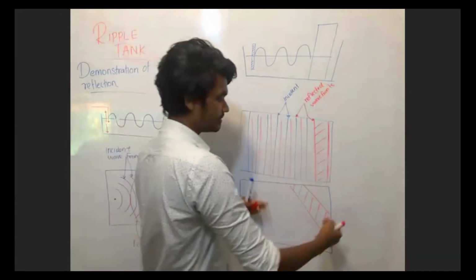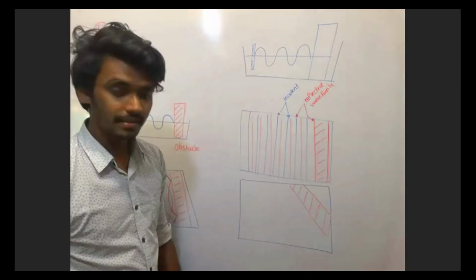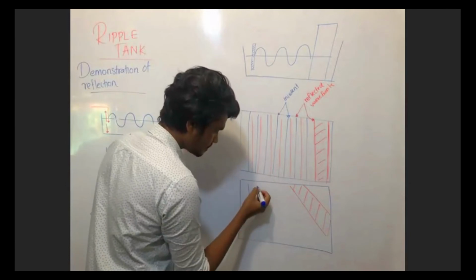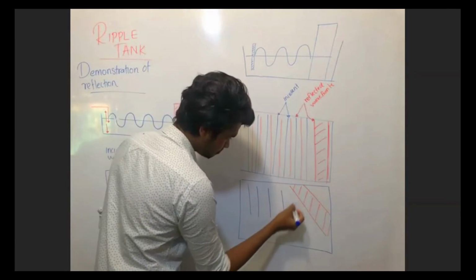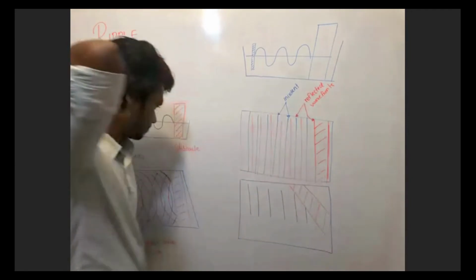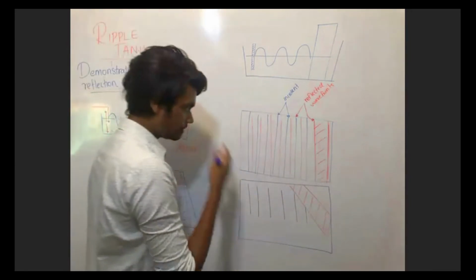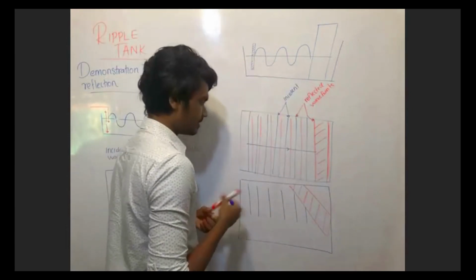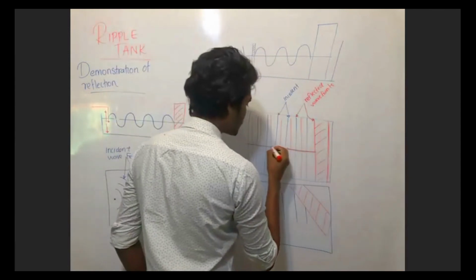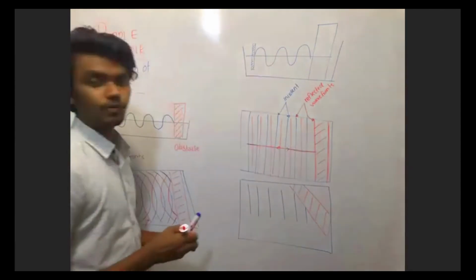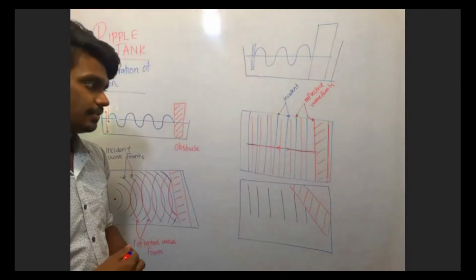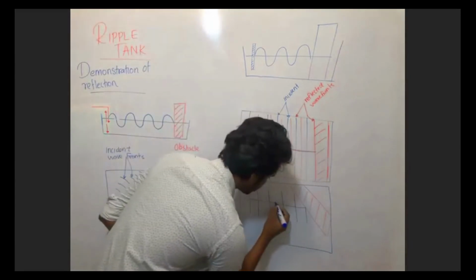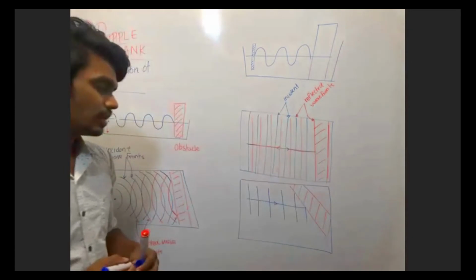Let's assume this is the incident ray, like in this case of all, and on the same line, the reflected ray also falls. It's kind of difficult to distinguish. Here, what happens is, this is the reflected ray.